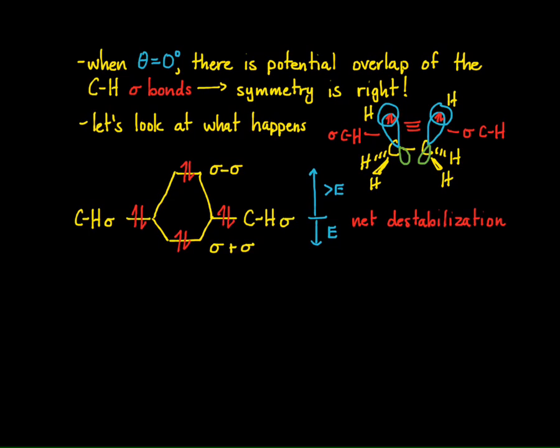The dihedral strain. So it's not a steric strain in the sense of 2 atoms with electron density interacting, but it is a dihedral strain from a small net overlap of the sigma bonds between carbon and hydrogen and the other carbon and hydrogen.